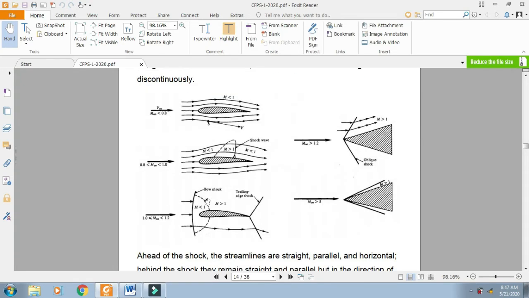Now we consider the second case. In the second case, Mach number infinity is between 0.8 and 1. When the flow with this Mach number approaches the airfoil, the Mach number locally changes. As it moves above the airfoil, the Mach number can increase due to decreased area.